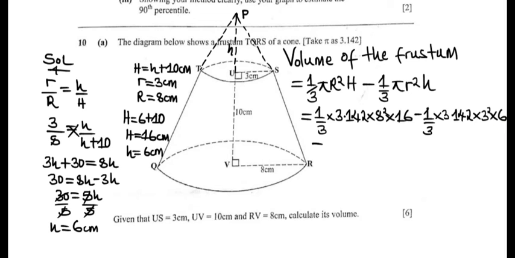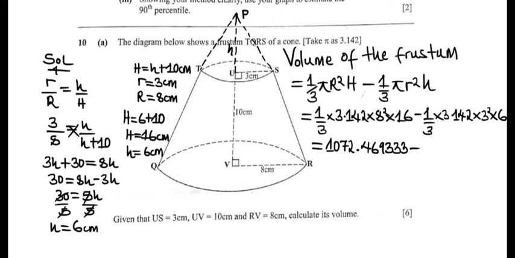So here it's just a matter of working with the calculator. 1/3 times 3.142, times 8 squared, times 16. This gives 1072.469333.